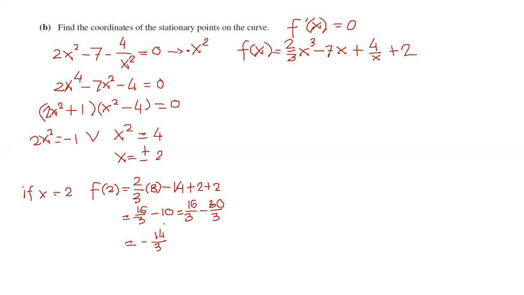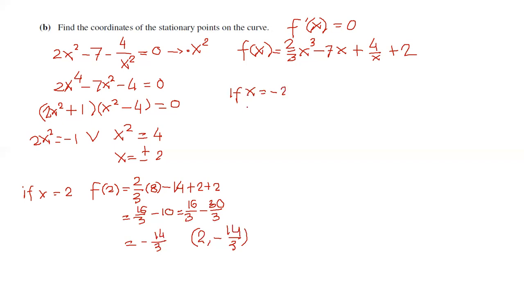Okay, so it means the coordinates of the stationary point are 2 and negative 14/3. So what if x equals negative 2?